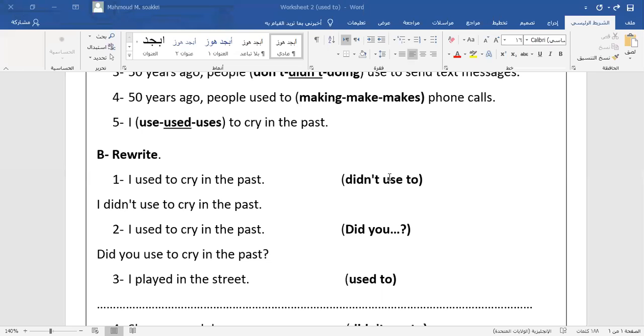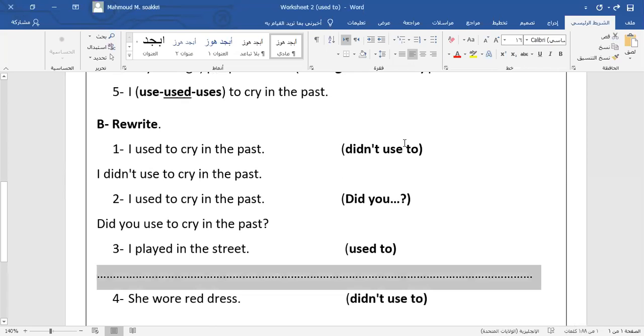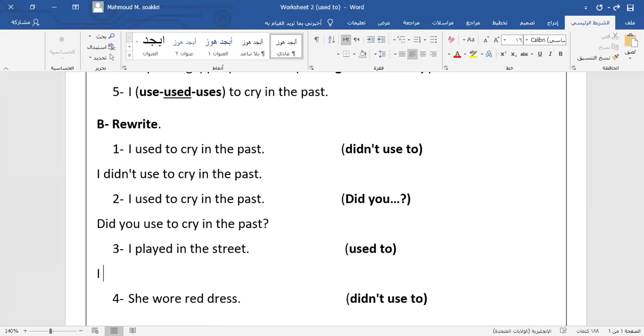Omar Mustafa. Yes, next. I played in the street. Number 3, we want to use used to. We wanted to put used to in this sentence.